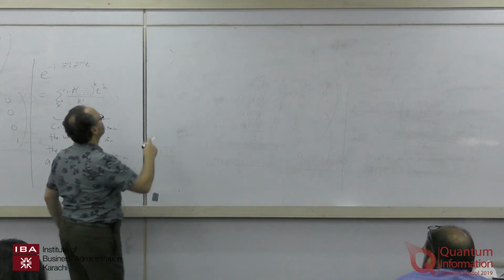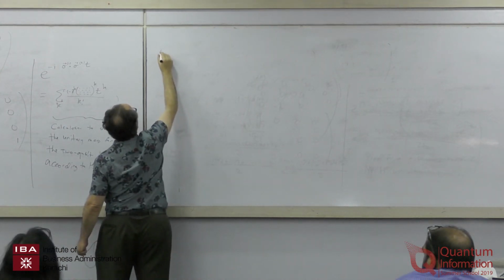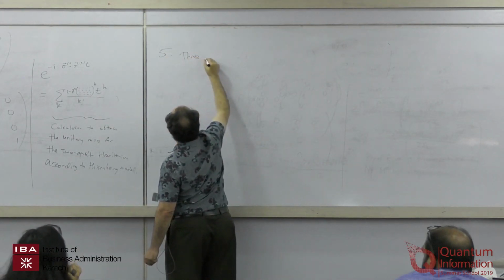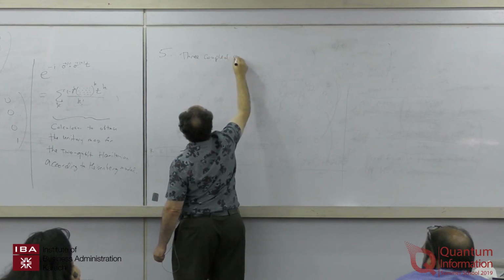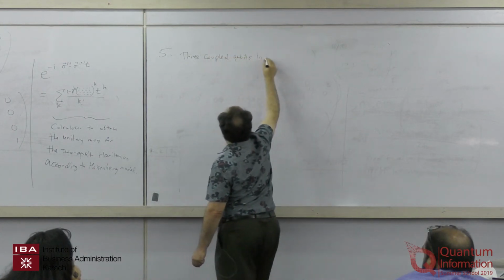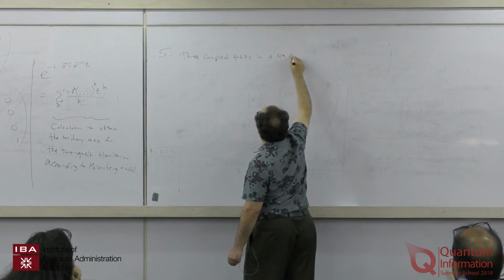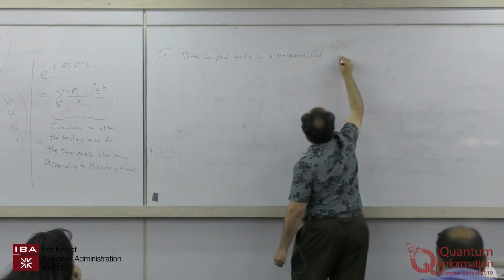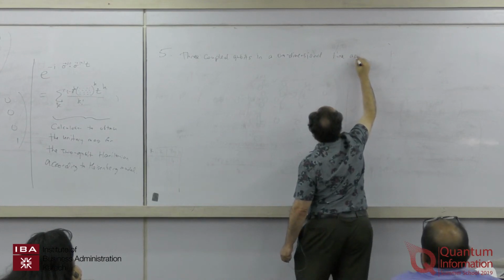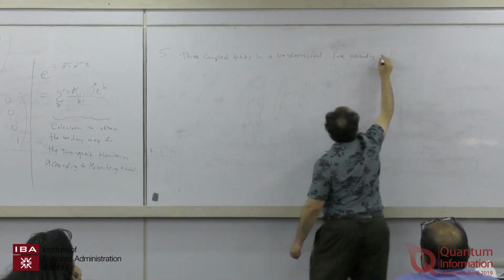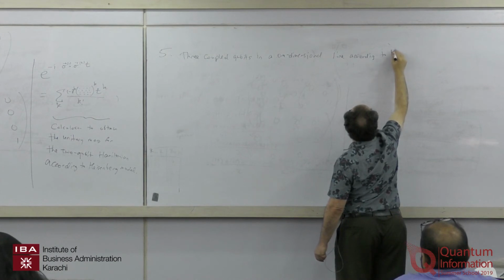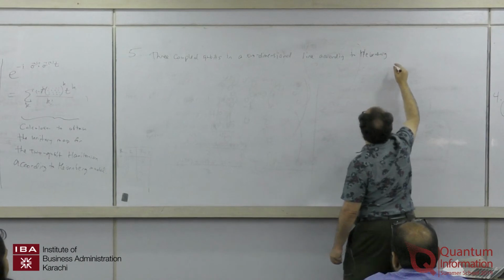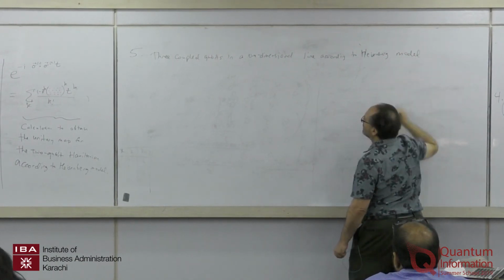Okay, I'll just do the 3 qubit case so you're clear. We'll do 3 coupled qubits in a one-dimensional line according to the Heisenberg model.